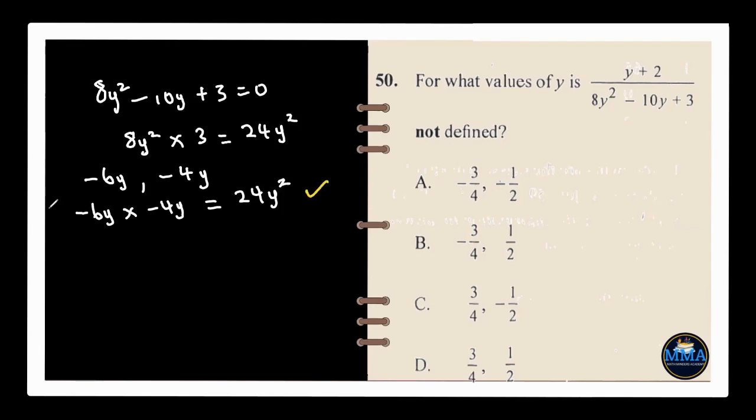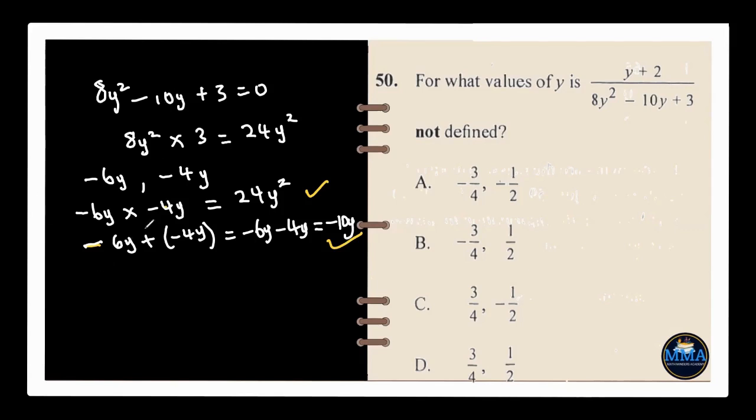Then if we do the addition, minus 6y plus minus 4y gives us minus 6y minus 4y, that will give us minus 10y. So this also satisfies the condition that we get the middle term, minus 10y.